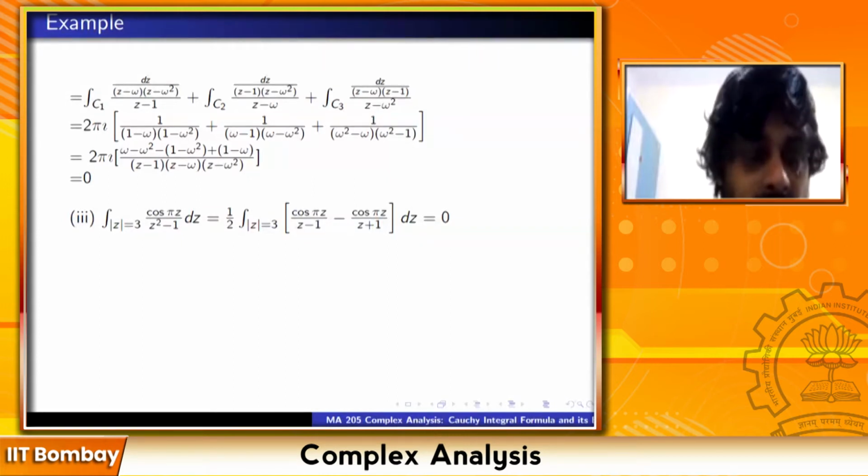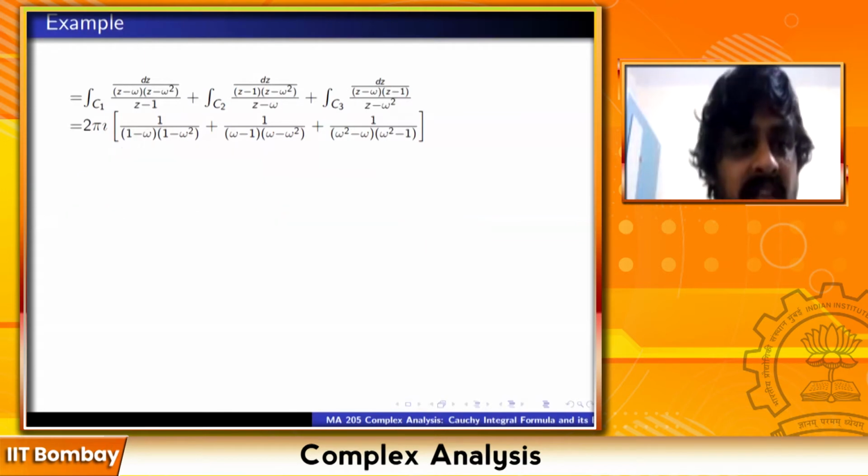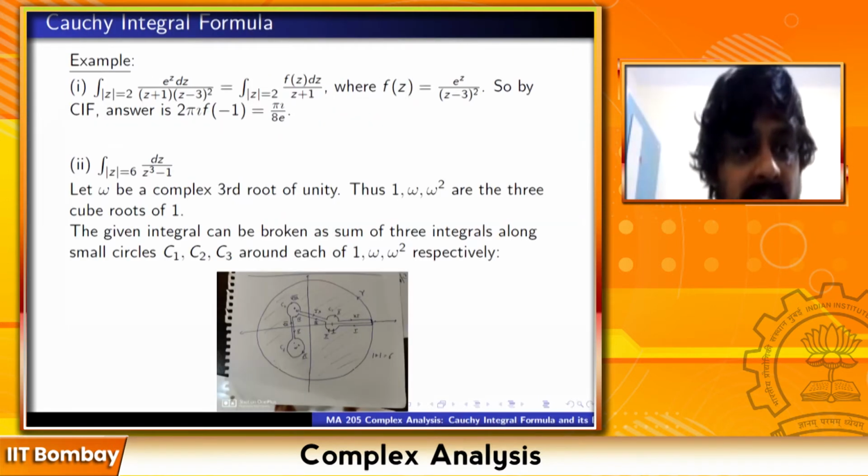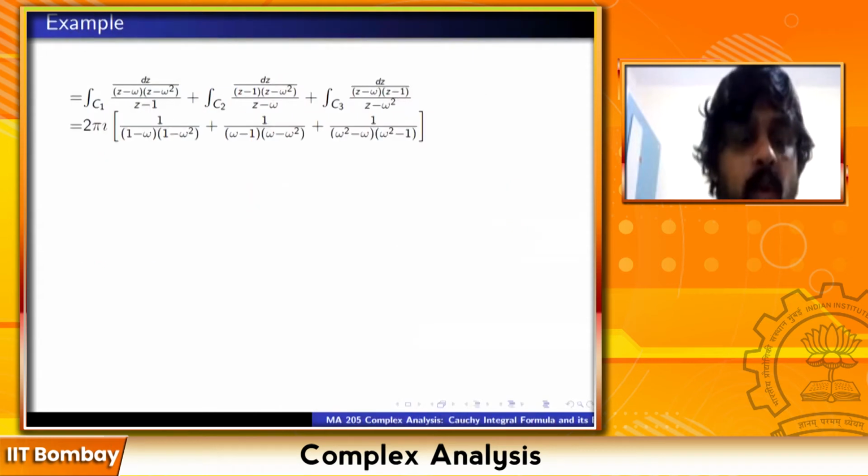It should be 1 minus omega square and omega minus omega square. Sorry, I wrote the denominator wrongly. I'll make that correction. So this is equal to 0. Anyway, this sum you can easily compute on your own. Just use the fact that omega cube is equal to 1 and you find that this is equal to 0. So here is an example where the function is not holomorphic inside the contour mod z equal to 6, but the integral is still 0.